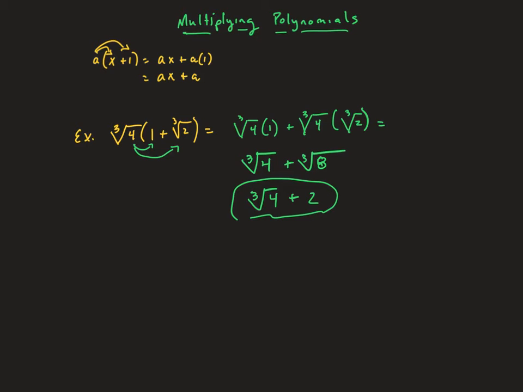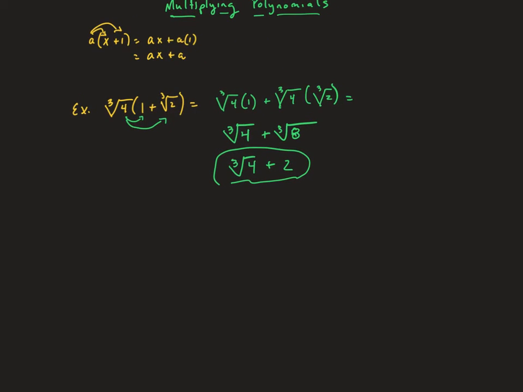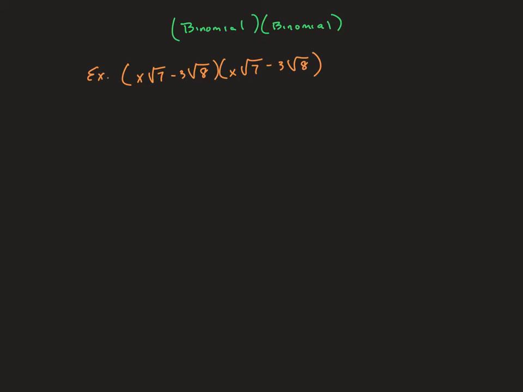Now we'll also talk about multiplying with the FOIL method, or multiplying two binomials together. So multiplying a binomial times a binomial, I have x square root of 7 minus 3 square root of 8 times x square root of 7 minus 3 square root of 8.